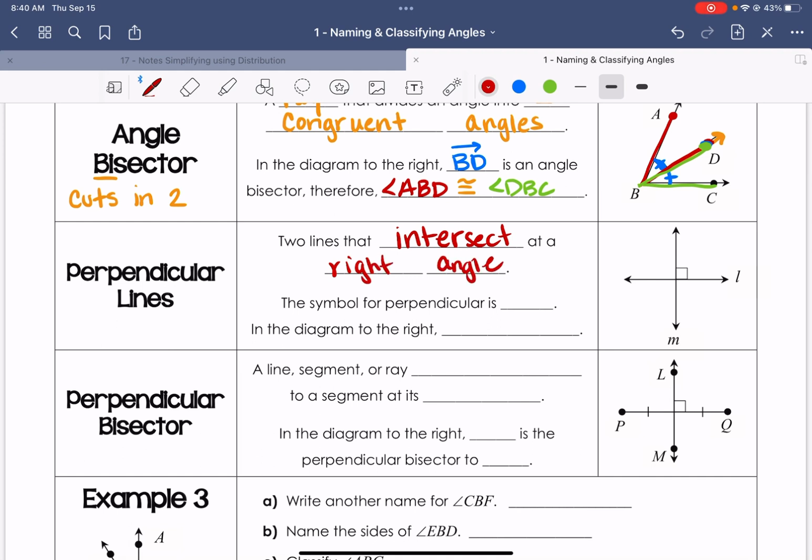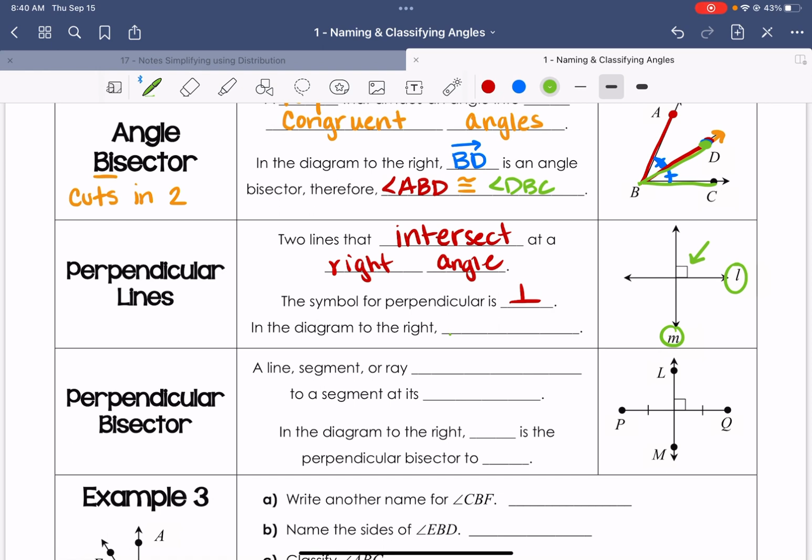Okay, and the symbol for perpendicular looks like an upside down T. So in the diagram to the right, notice we have our line L and our line M, and this box right here tells us they're perpendicular because that tells us it's a right angle. So we can say line L is perpendicular to line M.